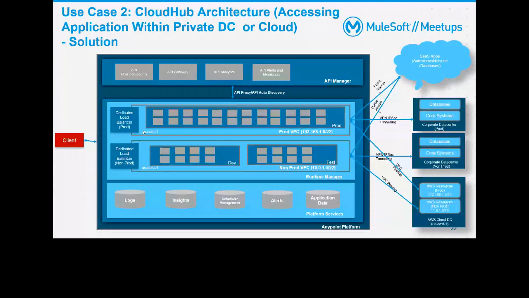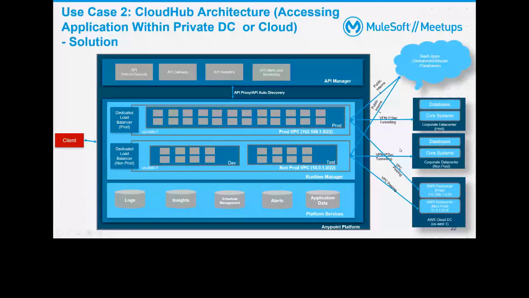Now they want to connect to Salesforce. For Salesforce, there is no issue; they can directly use the Runtime Manager internet connection. For the corporate data center, to connect the database and core system, I can use VPN IPsec tunneling. For connecting the SAP system in the AWS cloud, I can use VPC peering. Instead of that, MuleSoft has recently developed transit gateway support, so I can create a transit gateway in AWS.